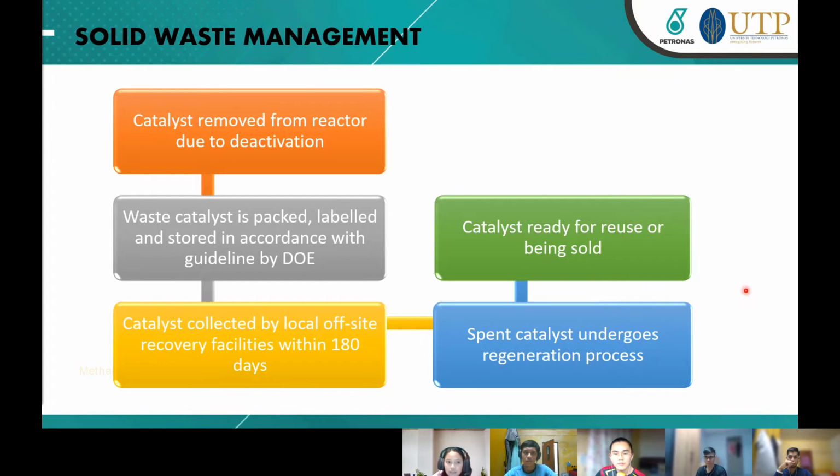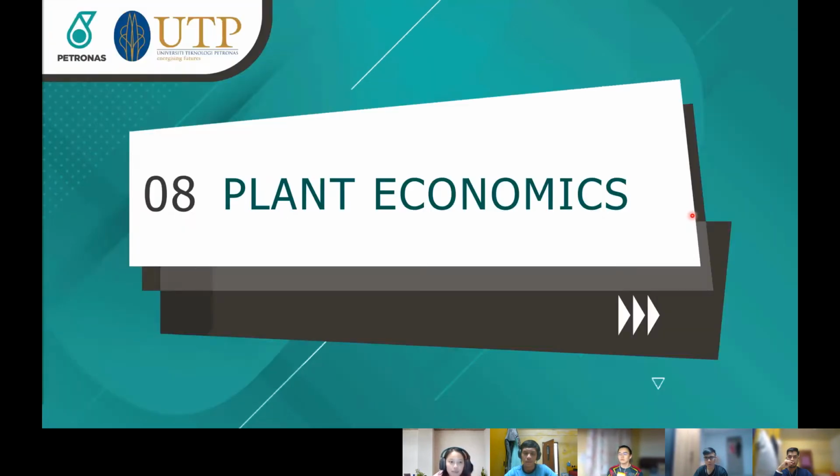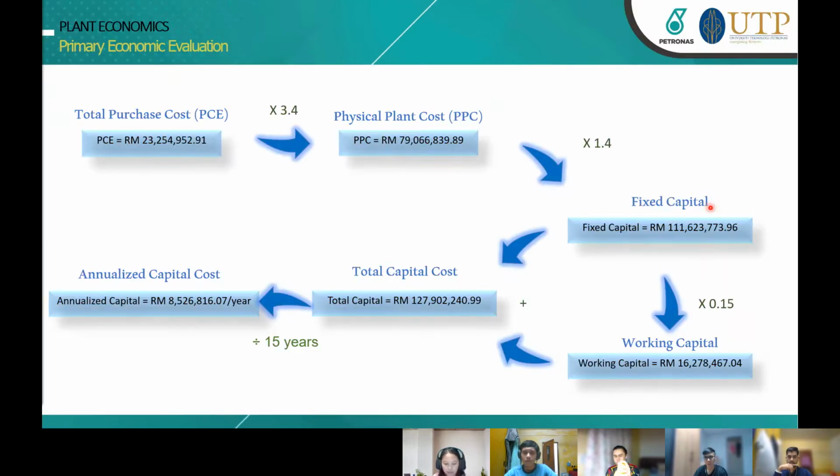The catalyst is then collected by local off-site recovery facility within 180 days. In the facility, the spent catalyst is subjected to a regeneration process, and after regeneration, the catalyst is good to go or to be sold. Next, I'll pass the floor to Fazli to explain about the plant economics of this wastewater treatment plant.